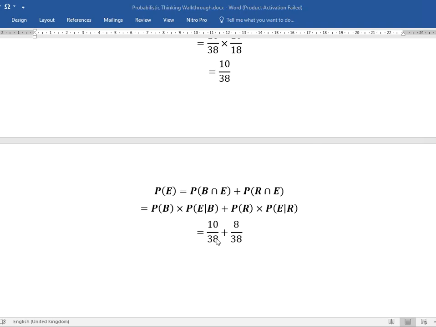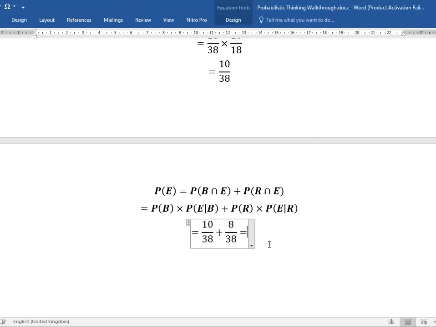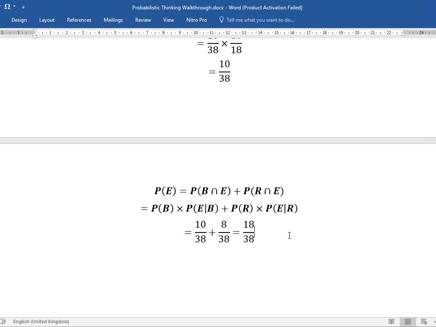So when you add these two together, you'll have 18 over 38, which agrees with our earlier understanding that P of even is 18 over 38, right? Or in lowest terms, that is 9 over 19.